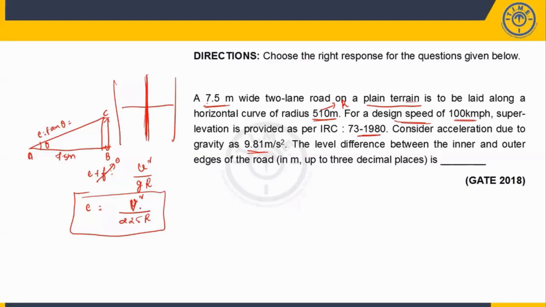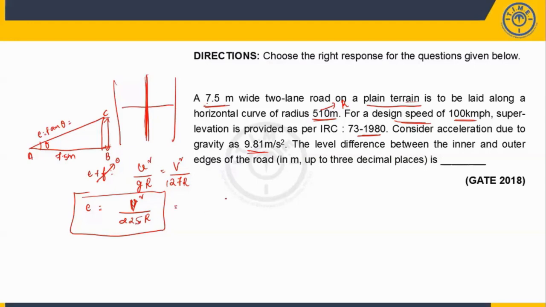Capital V square. This V square by gR, I can write as capital V square by 127R also, where capital V is the velocity in kmph. But when we don't have F, we can take it as E equal to V square upon 225R.